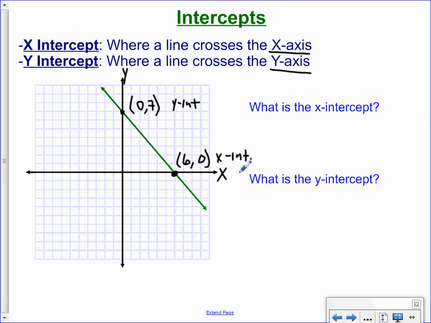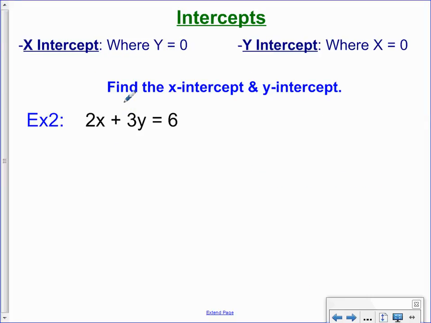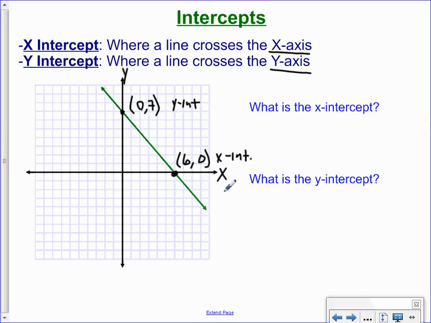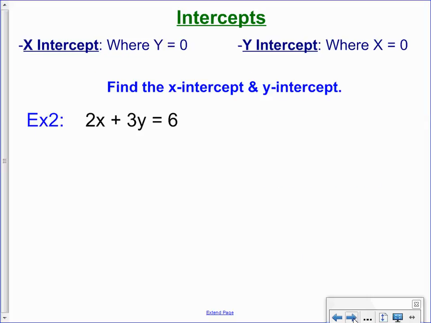Good. All right. Here we go. Notice when we go back to this graph, at the x-intercept the value of y is 0, and at the y-intercept the value of x is 0 as well, which makes problems super easy to solve. For example, if you want to find the x-intercept of this equation, you just set the y part equal to 0.